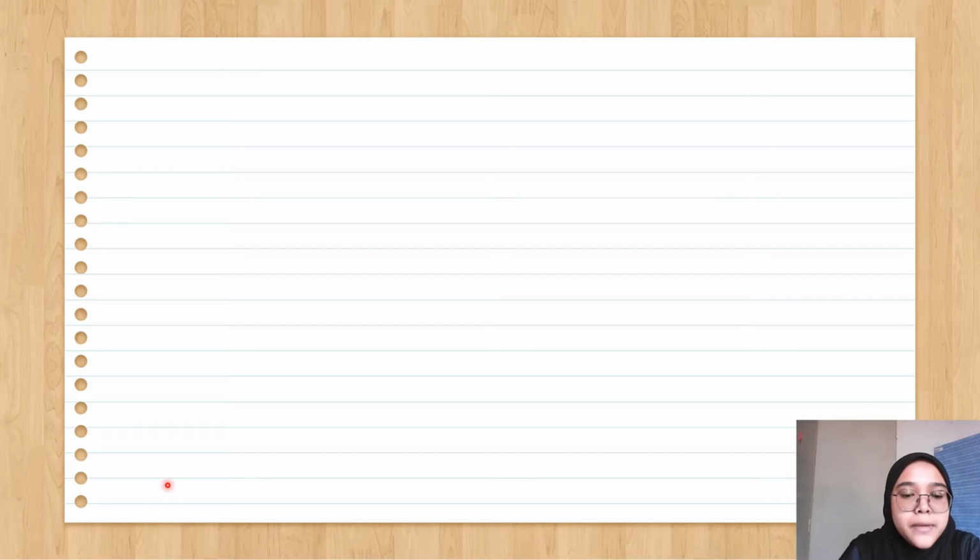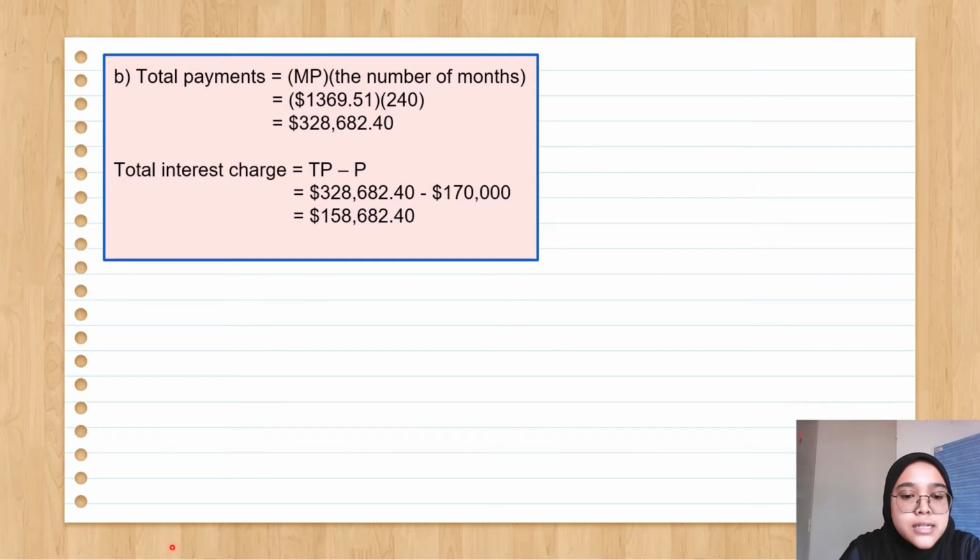Next, B, we want to find the total interest charge. Before we find the total interest charge, we must find the total payment first. The total payment is equal to the monthly payment multiplied by the number of months: $1,369.51 multiplied by 240 equals $328,682.40.